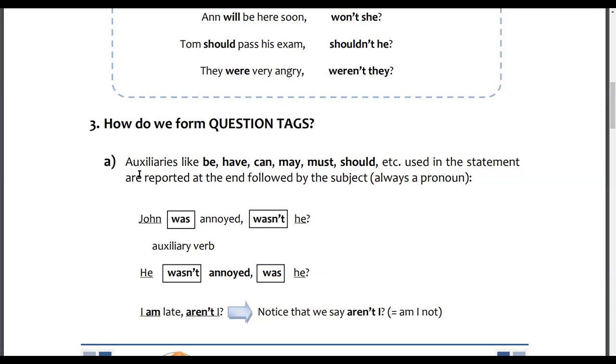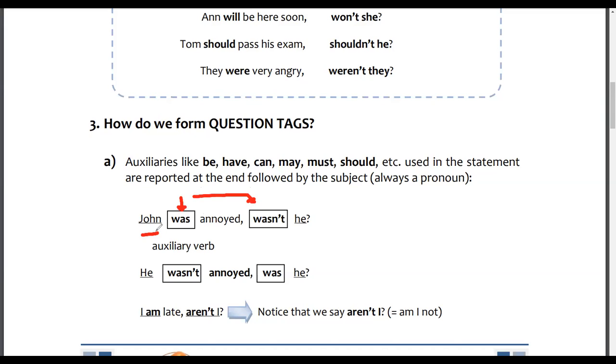The examples are, let me just show you. John was annoyed. Yes, we already know that whatever is in this box, which is was, will turn into a negative over here.